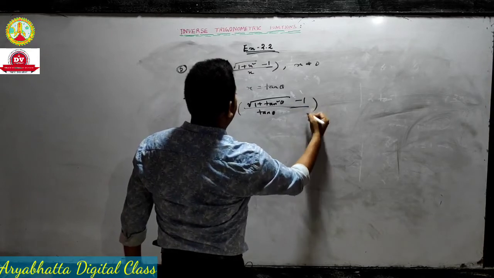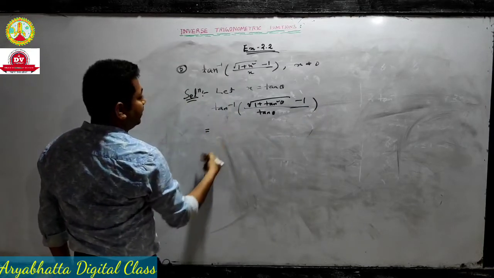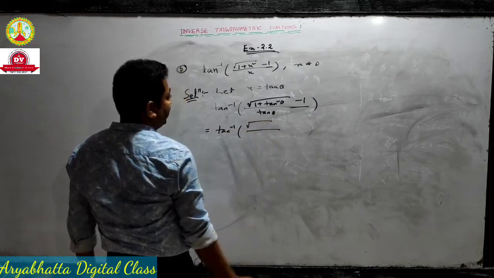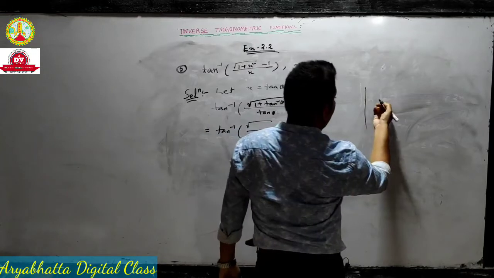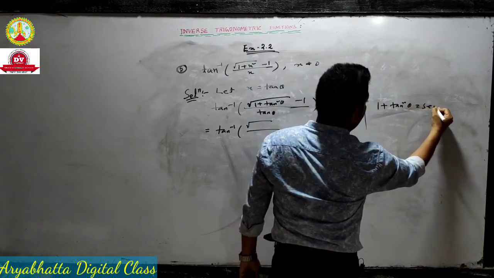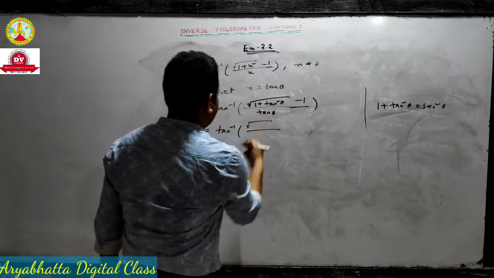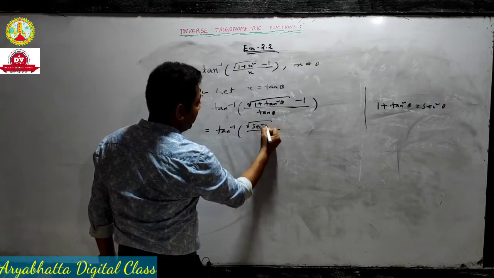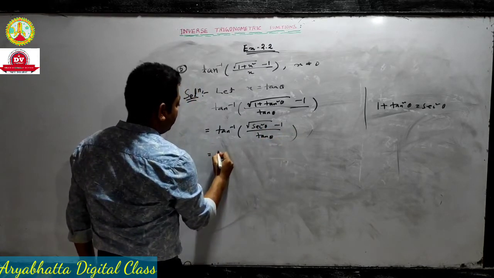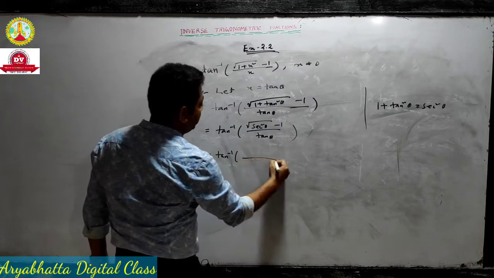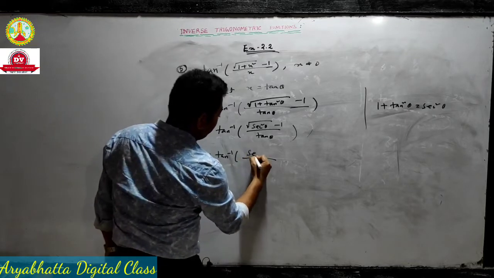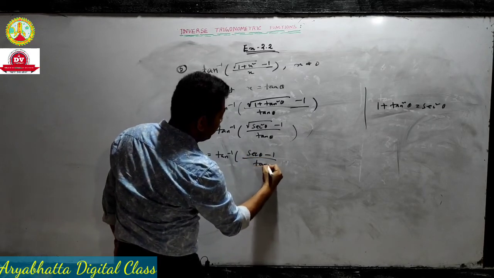We know from the trigonometric formula that 1 plus tan square theta equals sec square theta. Therefore, this is equal to tan inverse of the square root of sec square theta minus 1, divided by tan theta. Tan inverse of the square root of sec square theta is sec theta, minus 1, divided by tan theta.